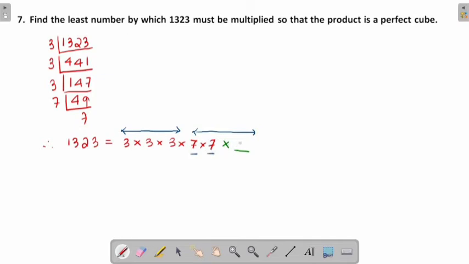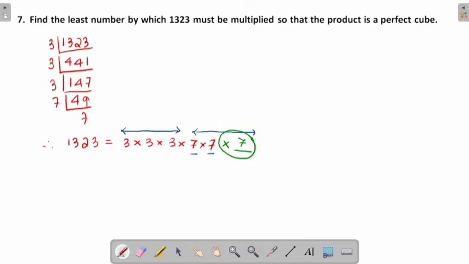In order to make a triplet I have to multiply by 7. If I put 7 here, then I will be able to form the triplet, and once the triplet is formed, the number becomes a perfect cube. So I need to multiply this entire thing by 7 in order to make the given number a perfect cube.